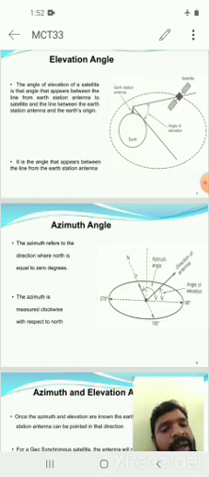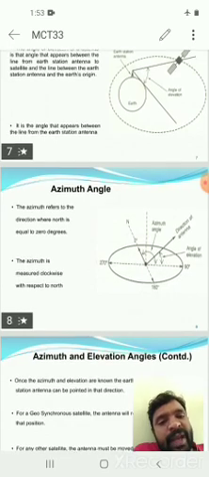Here, the azimuth angle refers to the direction where north is equal to 0. This means it is measured north onwards in the clockwise direction with respect to the north point. So these two are the elevation and azimuthal angles.